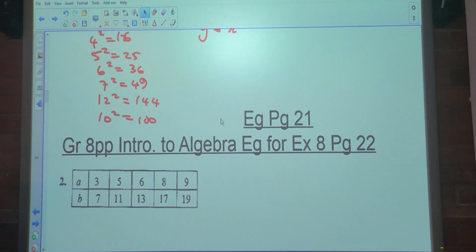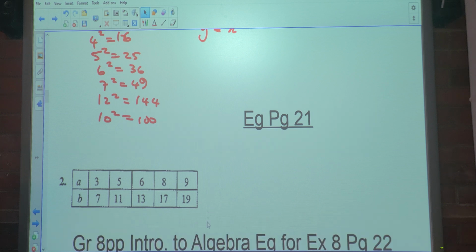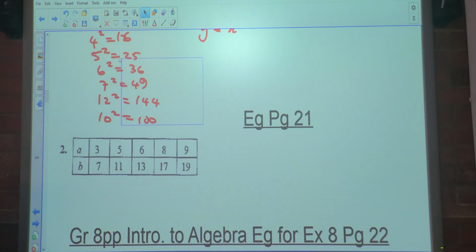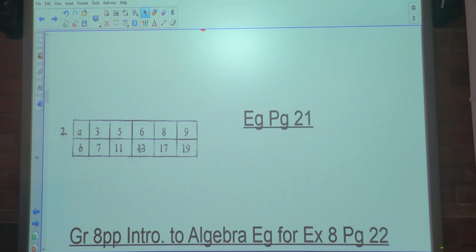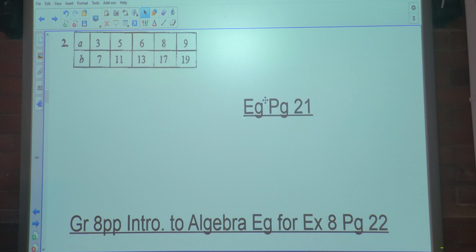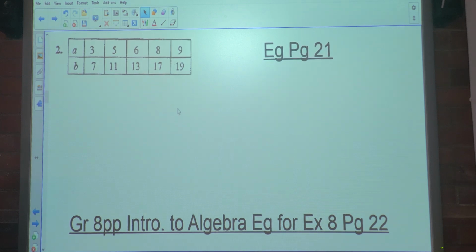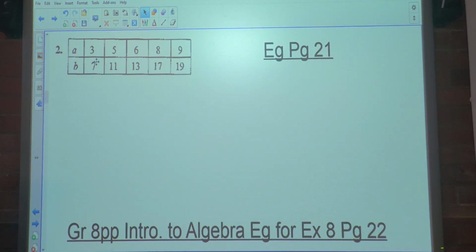Let's look at number 2. Here we got A being 3, 5, 6, 8 and 9, and B is 7, 11, 13, 17, 19.